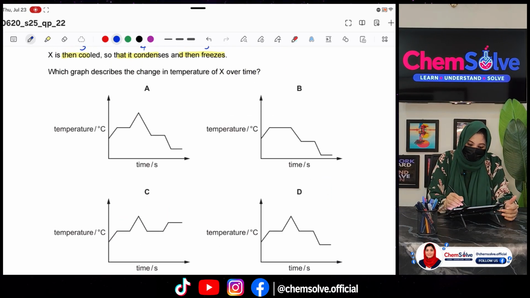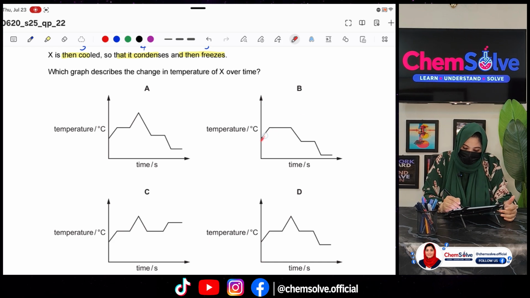Option A. It is heated and then it boils and then it moves above the boiling temperature. Okay, it seems correct. Option B, it is heated, boils and then cools down. The temperature does not move above the boiling temperature.